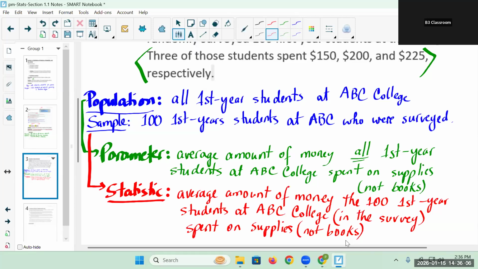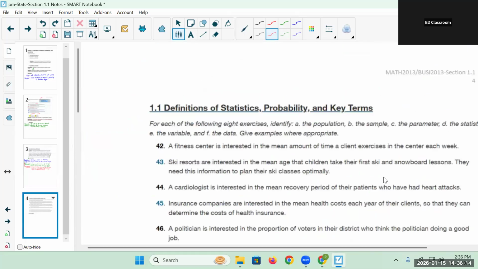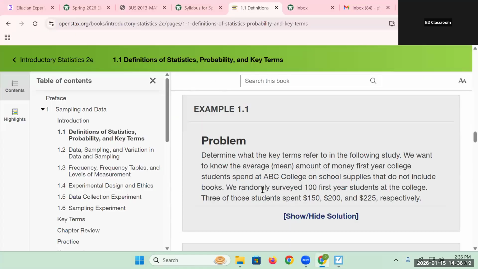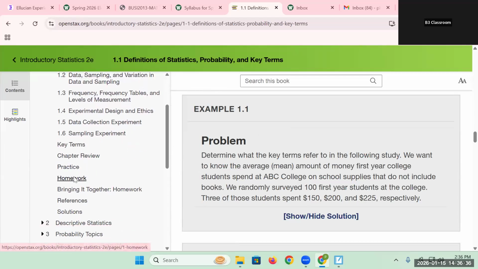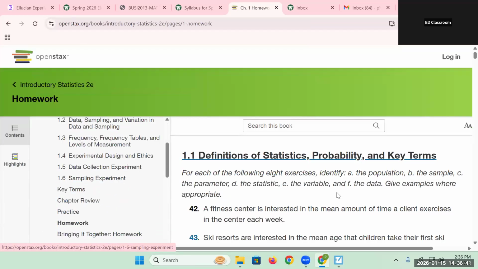Question. So the last example I have here, I took from another place in your book. So remember, the ebook has the content, the actual meat of the book is right here in these links, and that's where I found this example 1.1. And then when you go to the bottom of that particular chapter, it has the homework.